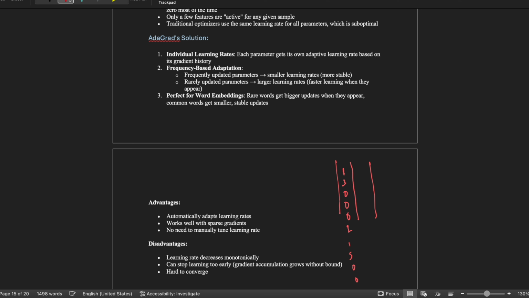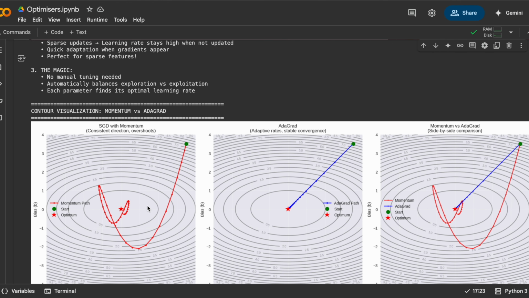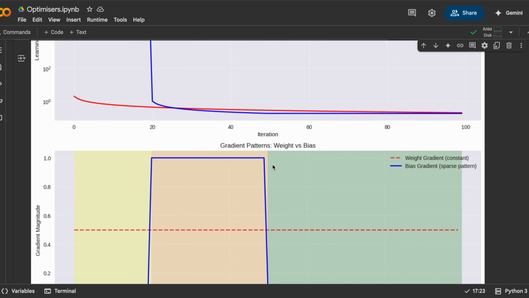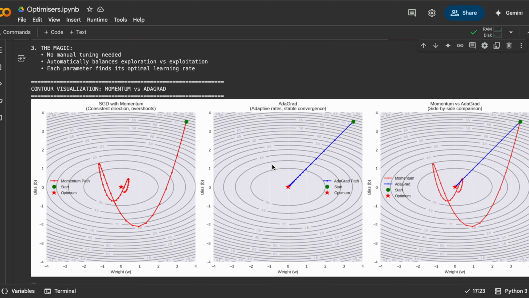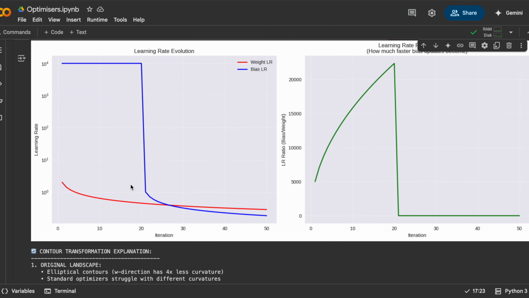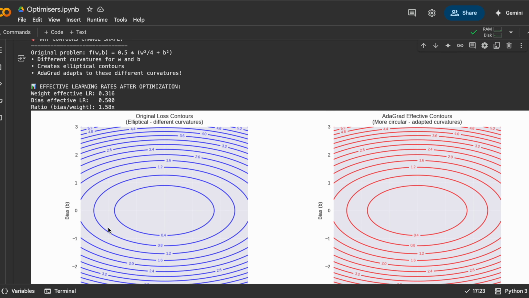This is sparse data, which means there are very many zeros in that feature column. So what happens to our graph, the loss function, is that it automatically turns from a circle into an ellipse. That is what is written here in the contour transformation explanation: the contour becomes more elliptical in nature.